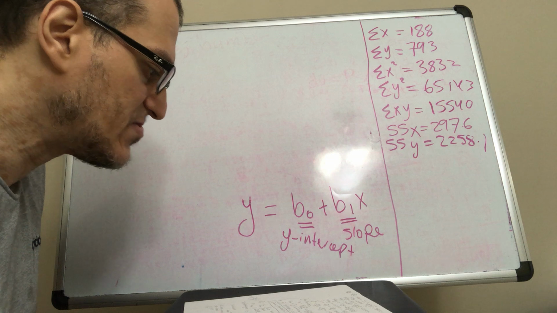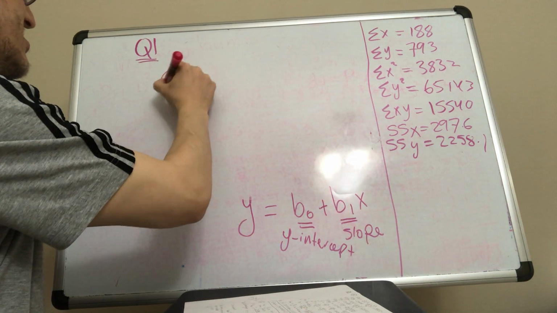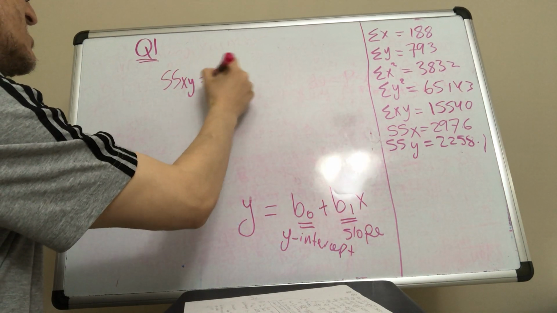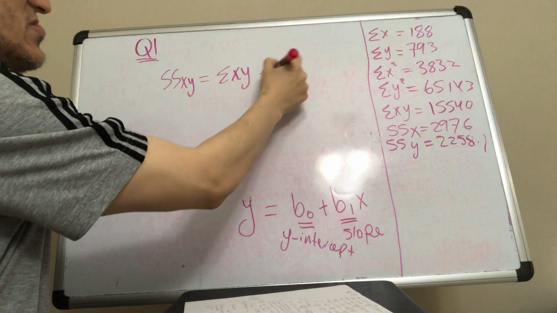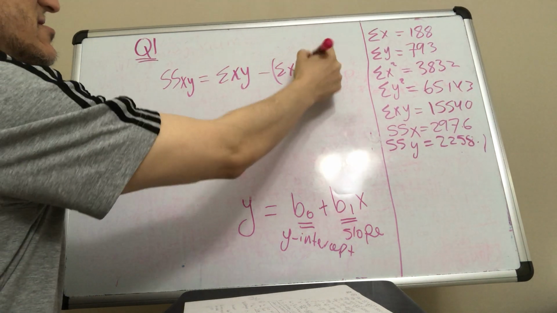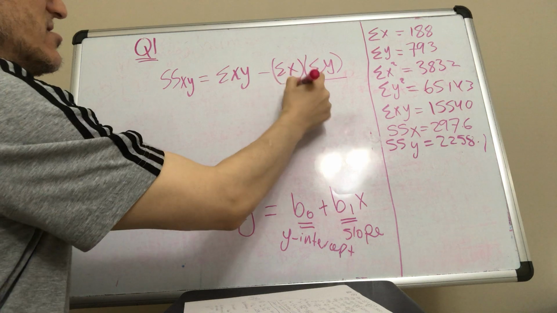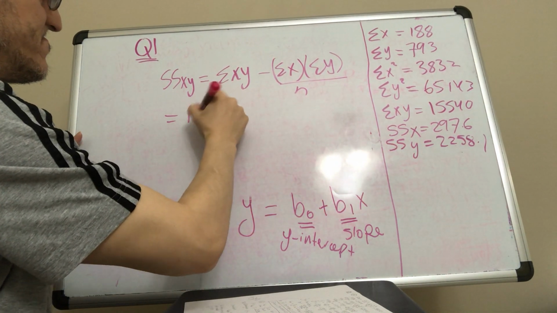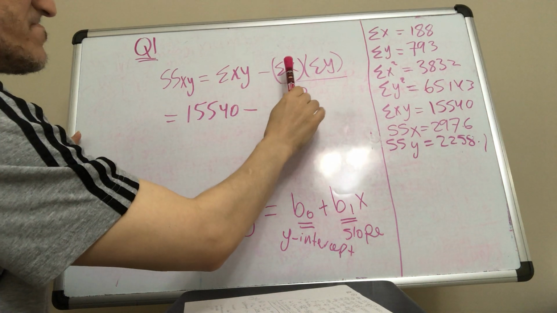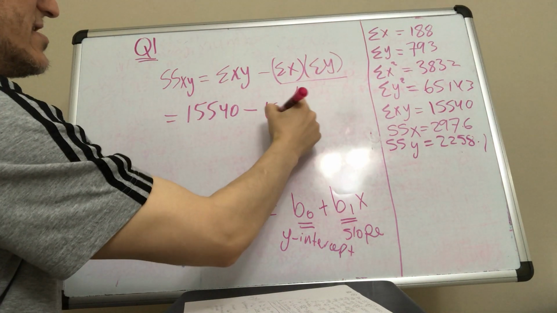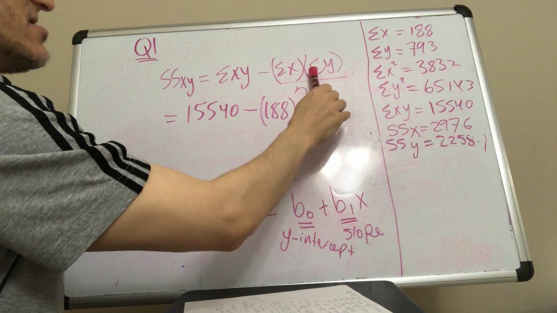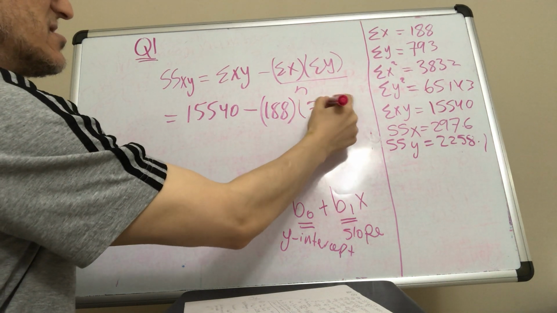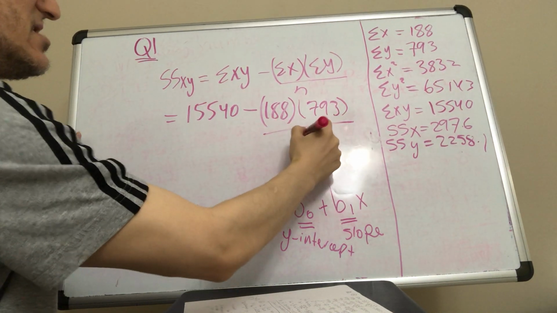You also need to find the SSXY. That's the sum of xy minus the sum of x times the sum of y over n, with the sum of y being 793, and there are 10 numbers.